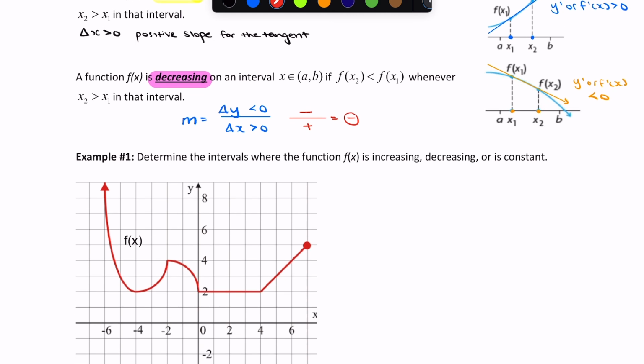So let's look at this first example here. It says determine the intervals where the function f of x is increasing, decreasing, or constant.